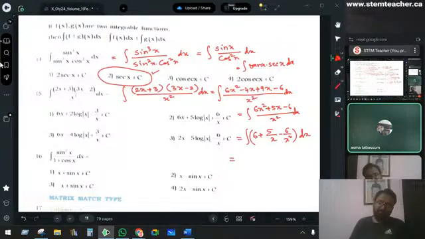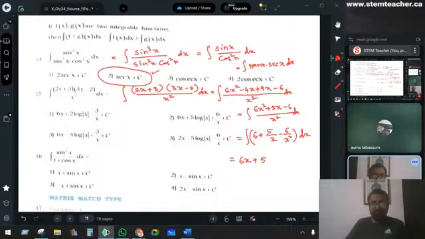What is the derivative of 6? 1. So 6 into x, that is 6x, plus 5 by x, whose integration is 5 log mod x.